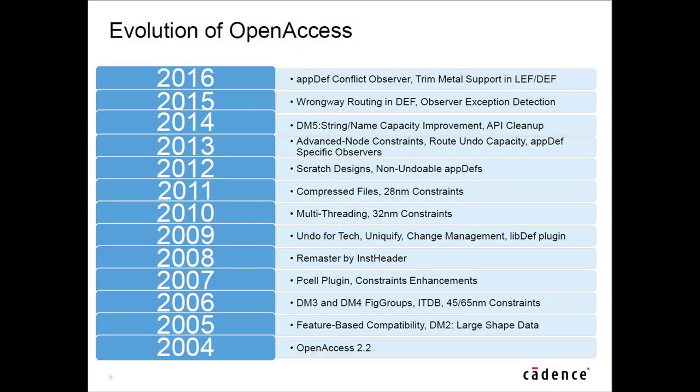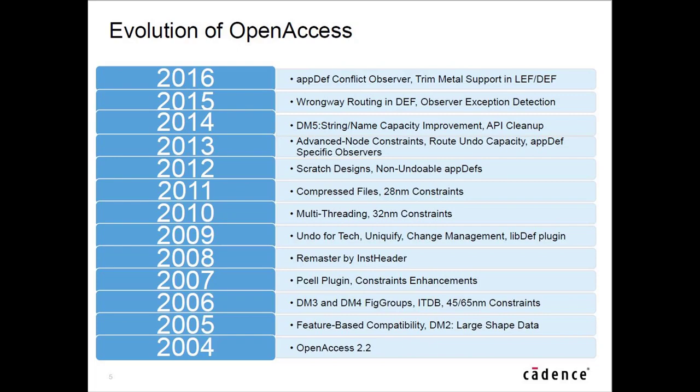We introduced big groups and incremental technology databases and new types of constraints in 2006. In 2007, we provided a PCL plugin and enhancements to constraints. In 2008, we provided a way to very quickly switch out from one version of a master to another. In 2009, we expanded undo to the technology database.